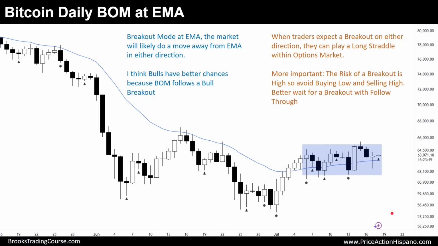Since a breakout mode pattern on a tight trading range is a very balanced pattern where bulls and bears have near 50% chances of succeeding in a breakout on either side, that means that there can be a bull breakout or a bear breakout. But the most likely outcome is that there will surge a swing from this pattern.